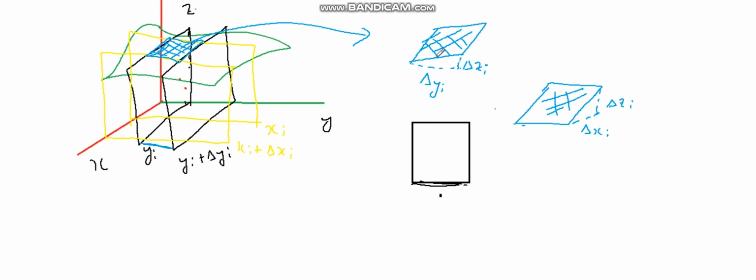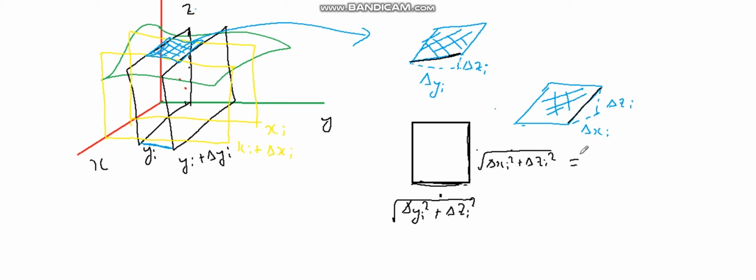This particular length is actually that particular length. So what are those lengths? From the Pythagoras theorem we can calculate that this is going to be root under dyi square plus dzi square, and this length is root under dxi square plus dzi square, right?